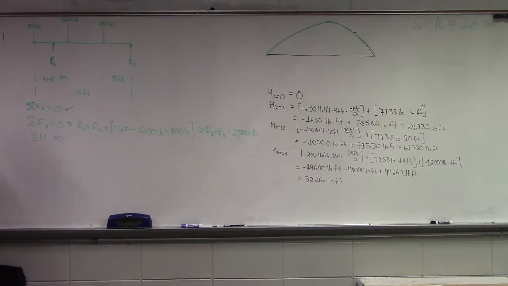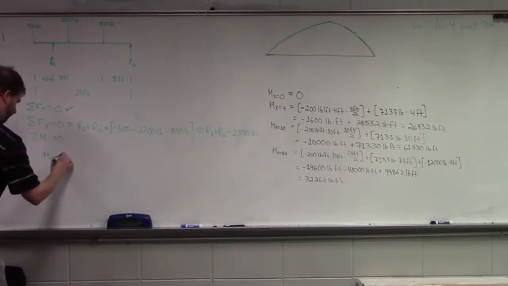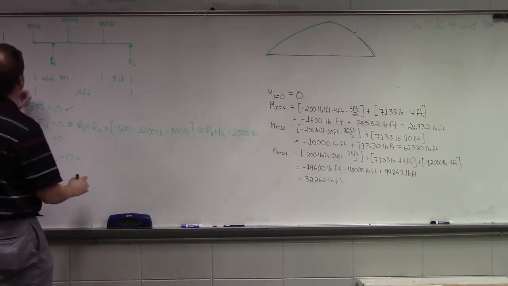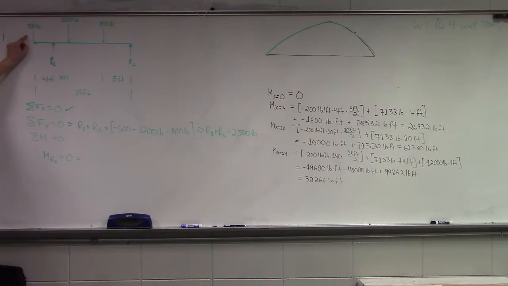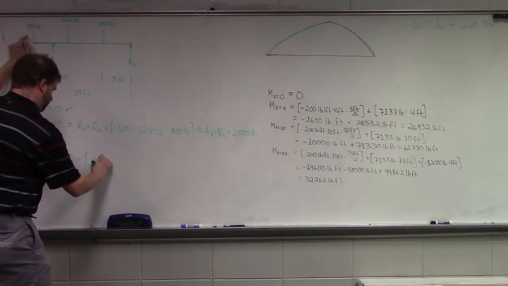Do we want to look at R1 or R2? I have no idea where to start on these things, so R2. Okay. So the 500 pound force. What's the total length on this thing again? 19 foot.